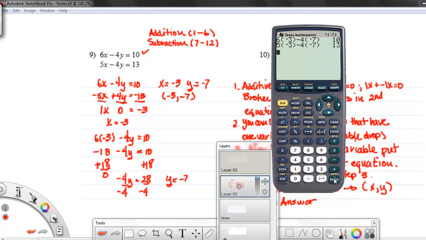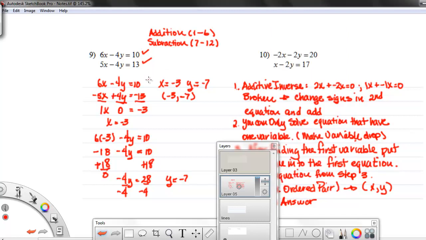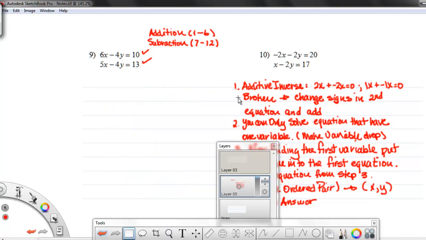It should give me 13, and I get 13. That is the solution to this. Now remember, if you were to graph these two equations by putting them in slope-intercept form, making a table, and then graphing that table, these two equations would intersect at that point right there. I'm just going to do the next one right here.